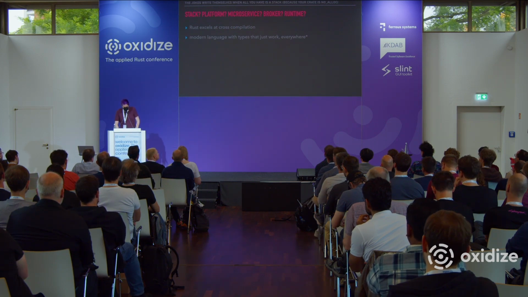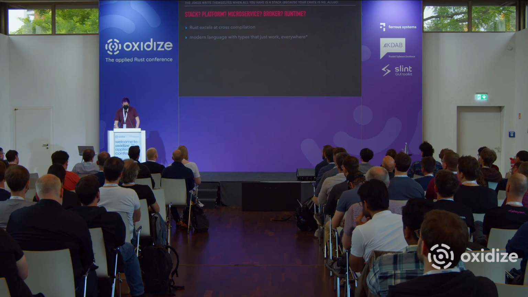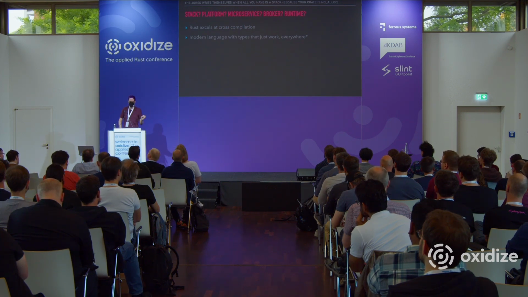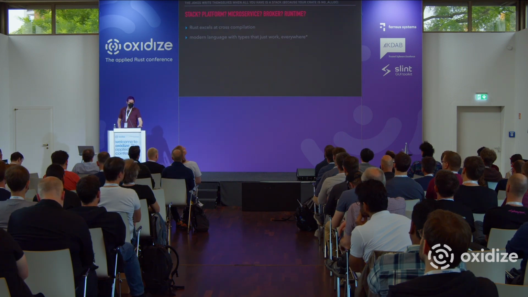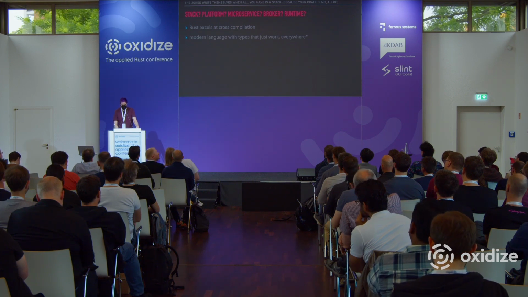And yeah, a bit more about Rust. It's, as we all know, a modern language with really cool types that kind of, sort of, most of the time just work everywhere. So you can just take your project and usually without any kind of changes, build it, or parts of it, big parts of it, for every element in your complex application. Some exceptions, of course.